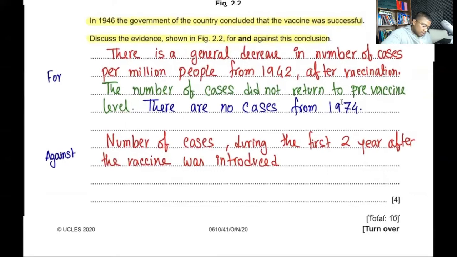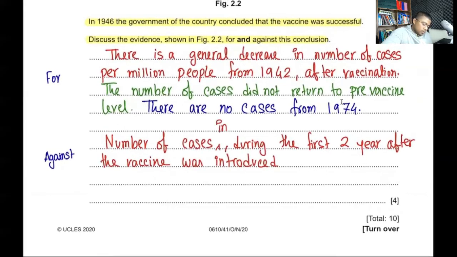The number of cases increased during the first 2 years after the vaccine was introduced. The vaccine program took 32 years before no cases of disease.